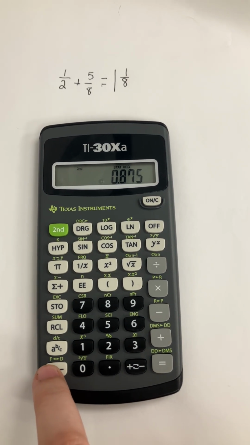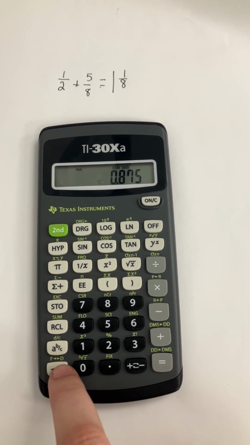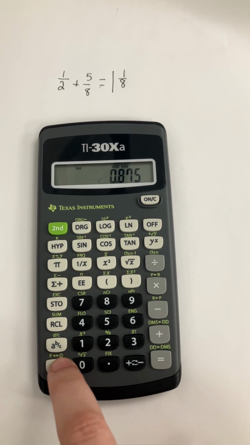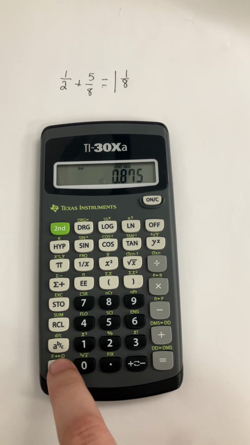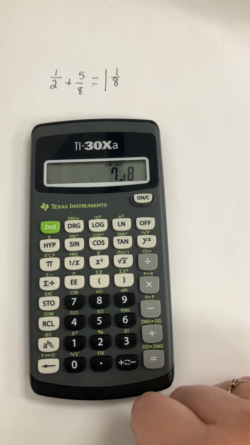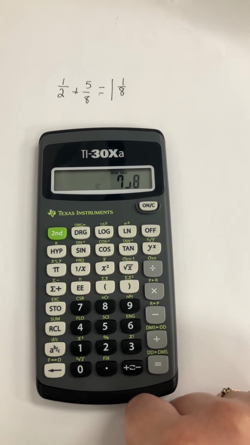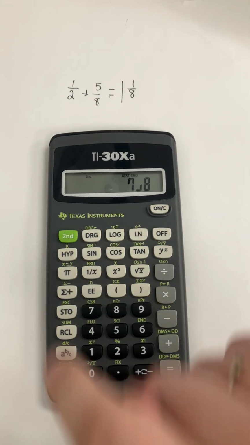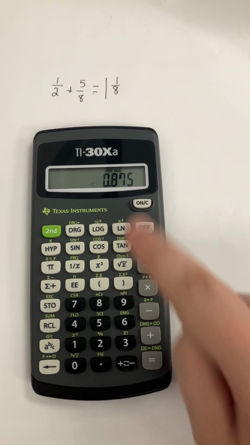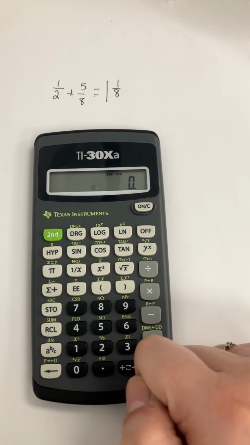Do you see where it says F and then an arrow to D? This means fraction to decimal and decimal to fraction. So if I hit this button, I get the fraction version of 0.875. Now, if I want to change it back to a decimal, I just hit second and that back arrow, back to a decimal. It's another great tool.